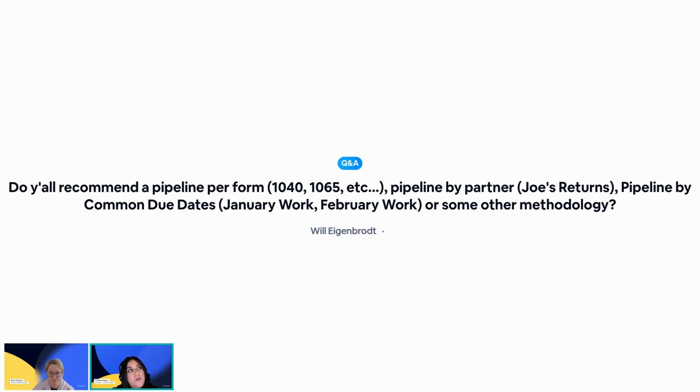Maybe in your mind you feel more organized separating them, because you want to keep track of business jobs separate from individual jobs, and that's how your brain works. Then great. If not, you can have them all in one pipeline because they all fall under that same category of tax return.